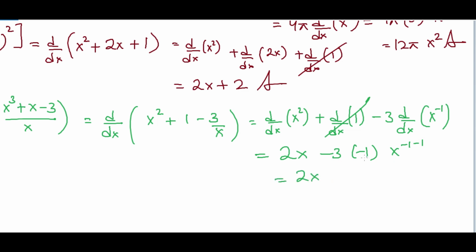Negative 3 multiplied with negative 1 is positive 3, x to the power negative 2, and this power can become positive if it goes in the denominator. Further, if you want to answer it in the same way, you can take the same x square as the denominator and write it as (2x cube plus 3) over x square.